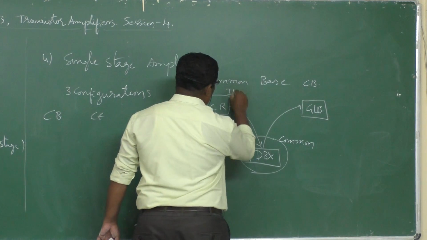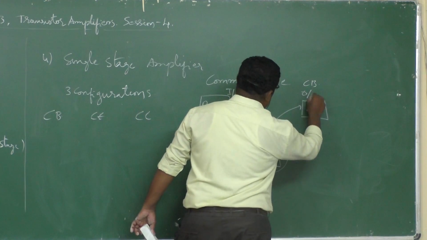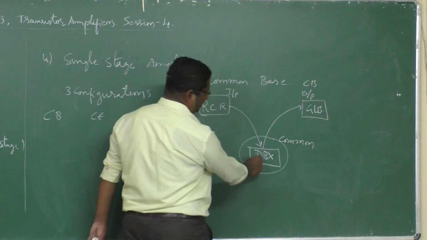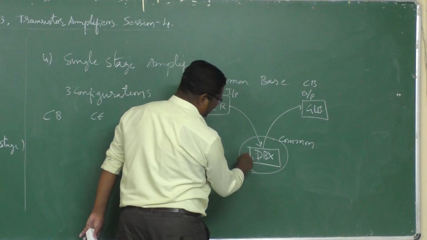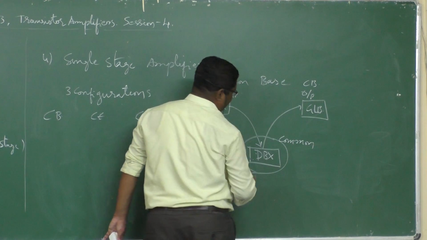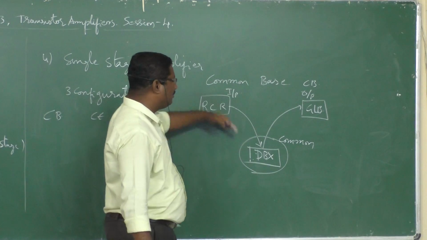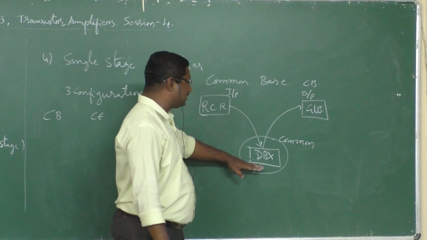This is input, this is output. Where one input is taking place and one output is also taking place, that particular point is known as common.